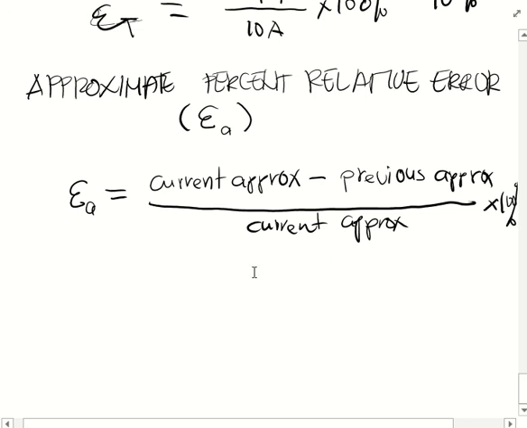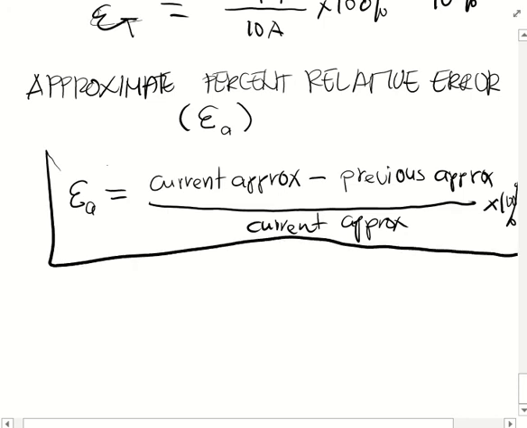In numerical methods, we will be doing iterative calculation. This means we have more than one approximation until we get to the value that we want, the pre-specified criterion or tolerance. And so this will be our approximate error.